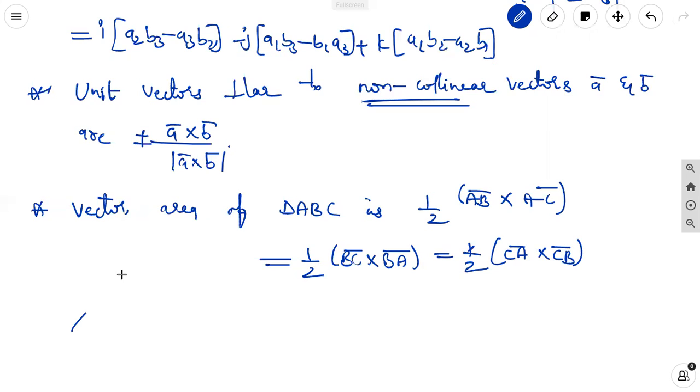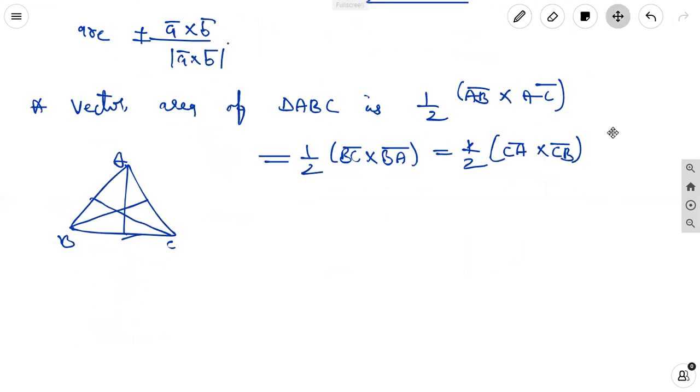For triangle ABC, we take the vertices A, B, C. Here it is AB cross AC with a half; in the same way BC cross BA, and CA cross CB. That is the vector area of the triangle ABC.